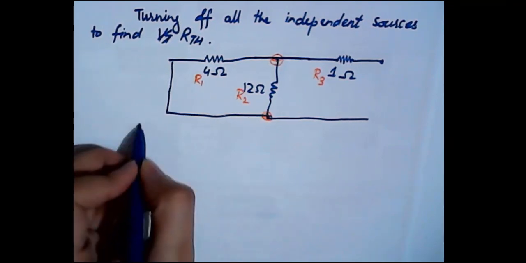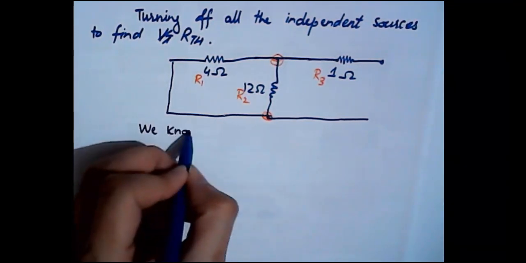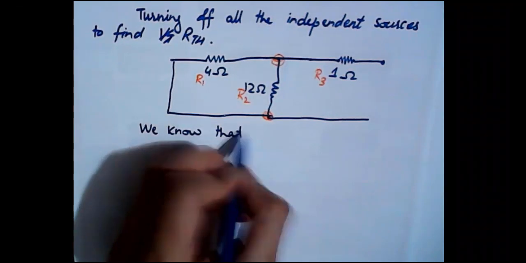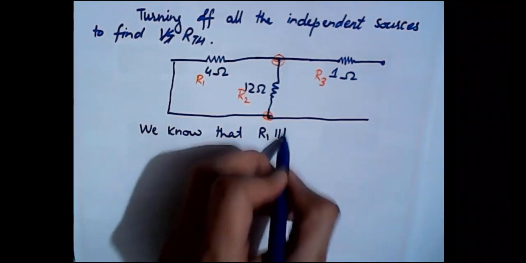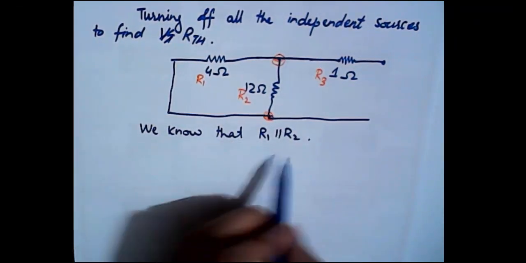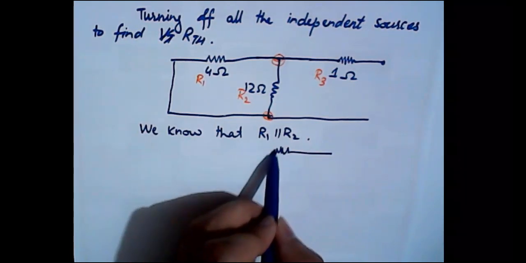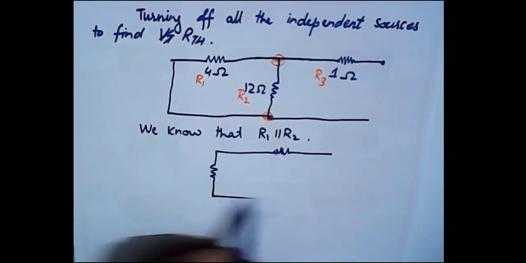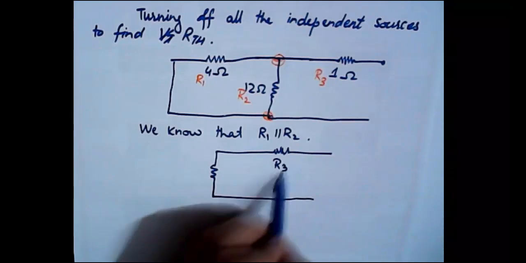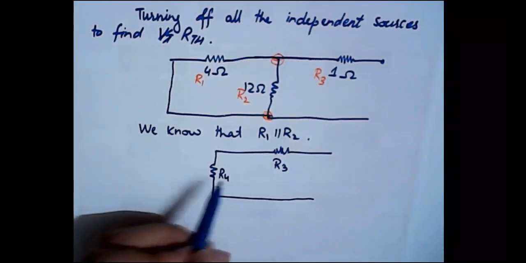So during that we know that R1 is parallel to R2. So that makes it like R3, and this one will be R4.